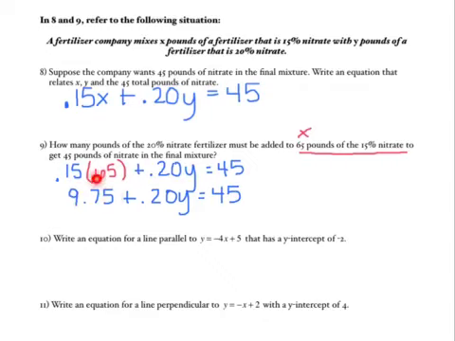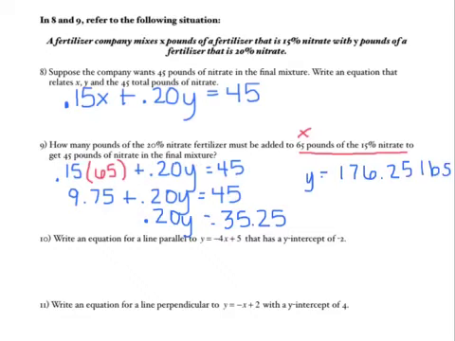I'm going to subtract this 9.75 from the other side, which would leave me with 0.20Y equals 35.25. Okay. And then let's divide by that 0.2. And I end up with Y equals 176.25 pounds.